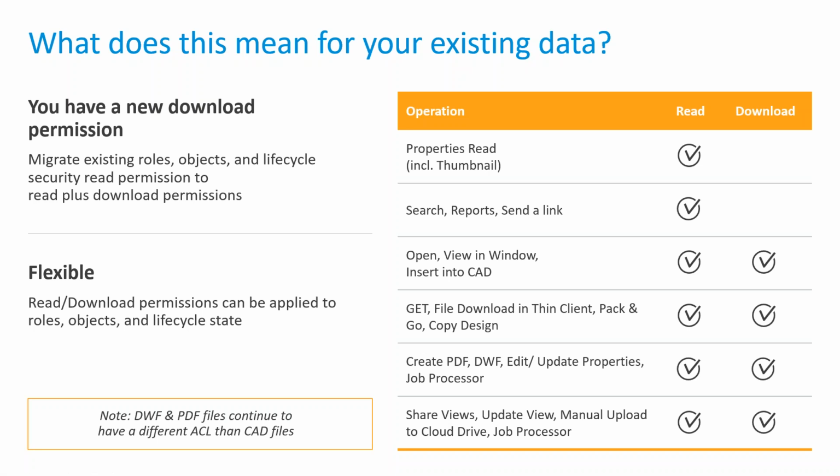So if you want to make this change, you'll have to be proactive and go and modify your security model to realistically take away download, either from some states or from some objects for those groups. So nothing is going to change when you upgrade to 2021 without you taking some action. So you don't have to worry about it too much. It's something there if you need it. If you really need it, this is amazing. If you don't need it, it's nothing to worry about.